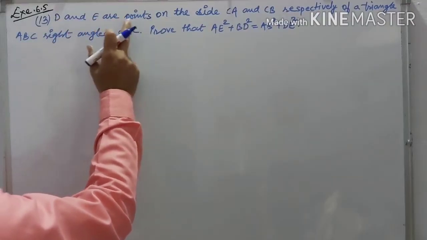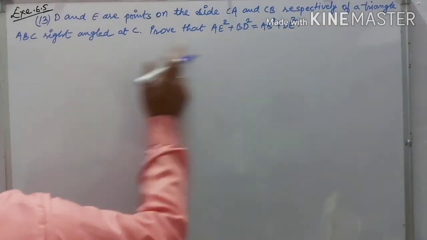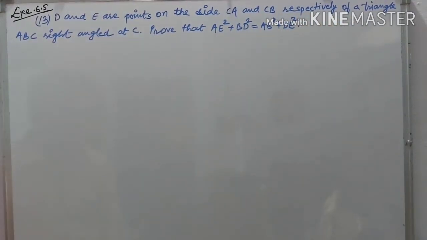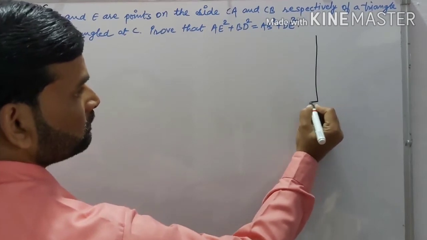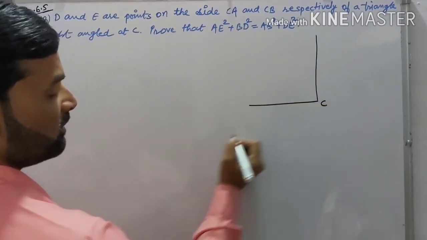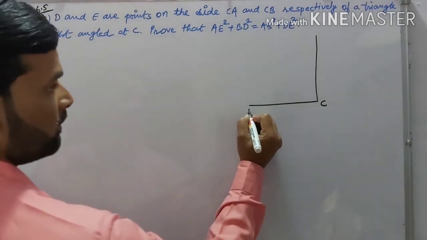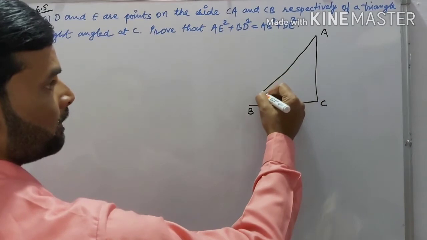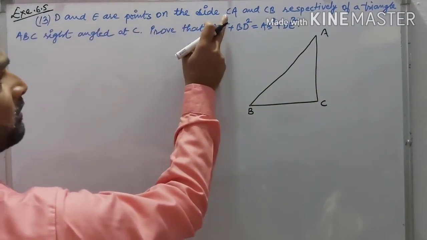D and E are points on the sides CA and BC respectively. The triangle ABC is a right angle triangle at C. Now first we will draw the point C, the angle of C, and here will be A. D and E are points on CA.